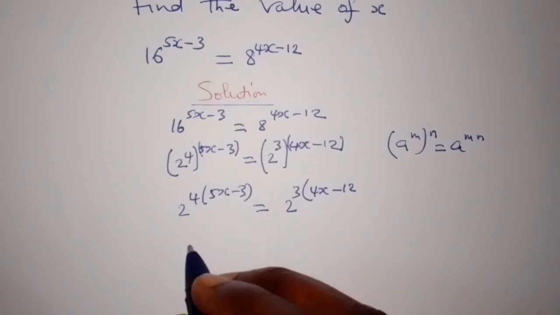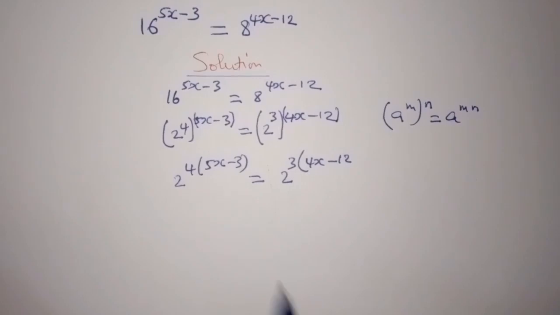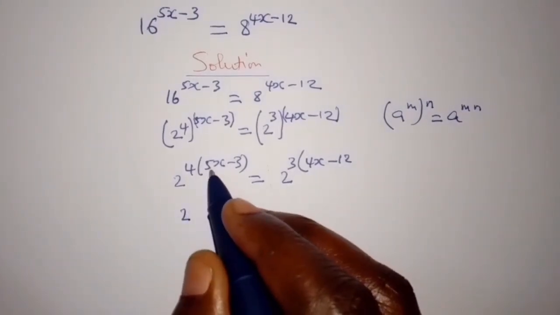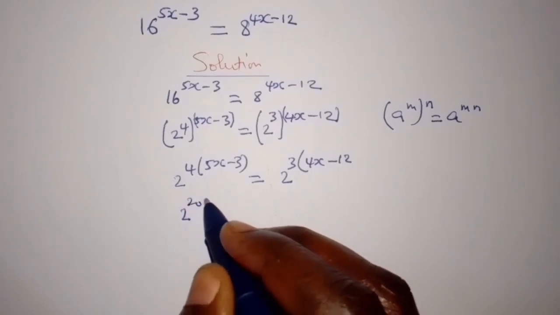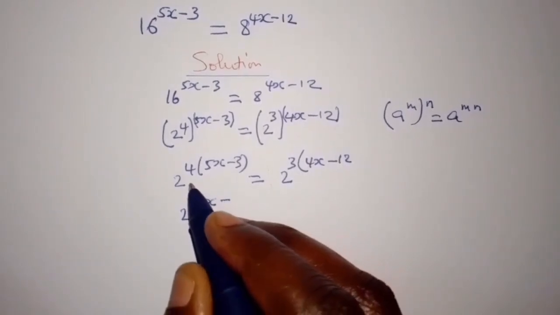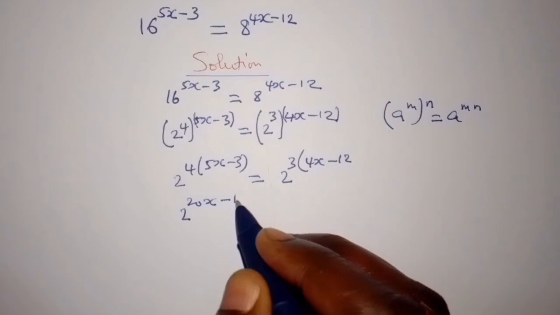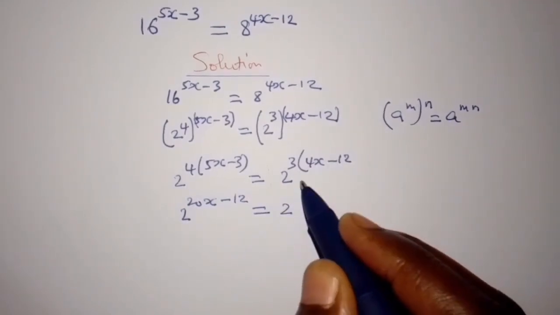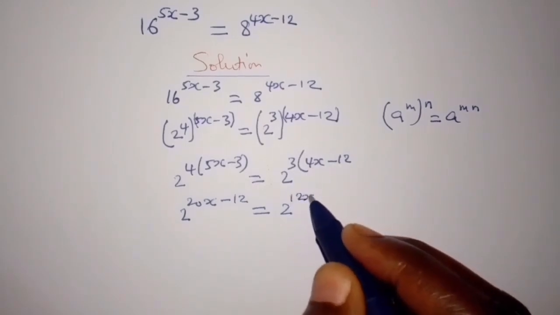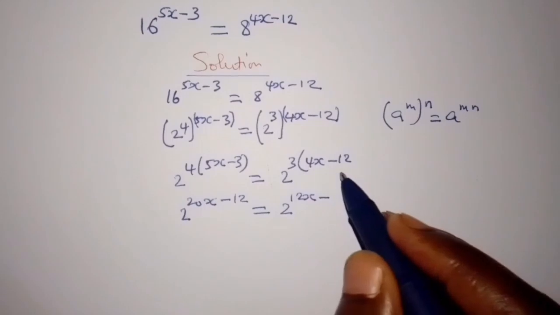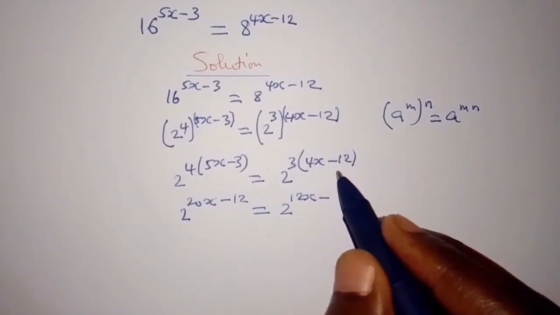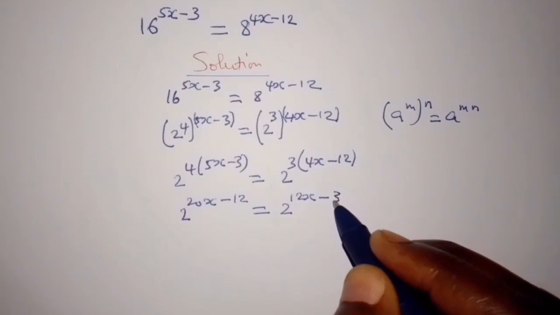So now we have 2, 4 times 5x is 20x, 4 times negative 3 is negative 12, is equal to 2, 3 times 4x is 12x, 3 times negative 12 is negative 36.